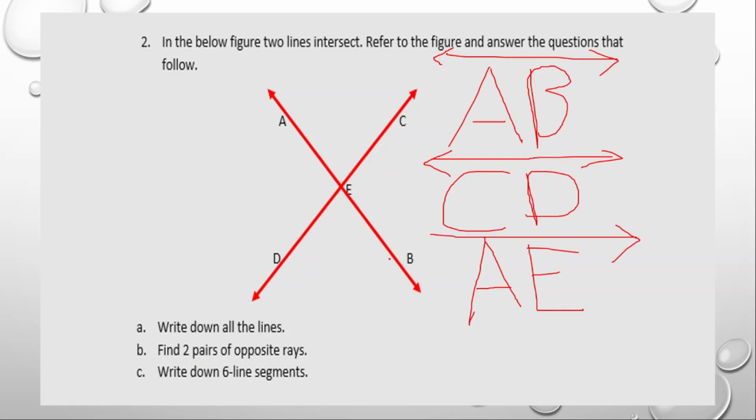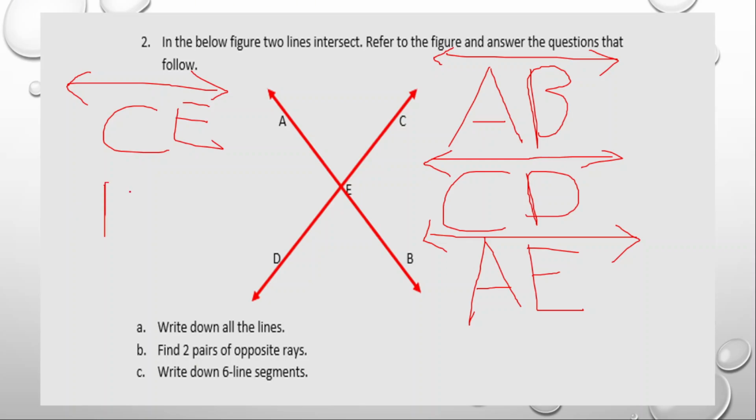What does that tell us? It tells us it starts at A, it moves through E, but it doesn't stop at E, and goes through B. So AE is basically very similar to AB. Now the same with CD. CD, or it can be CE. Right, start at C and it can move through that E. So it can be CE, it can also be DE.